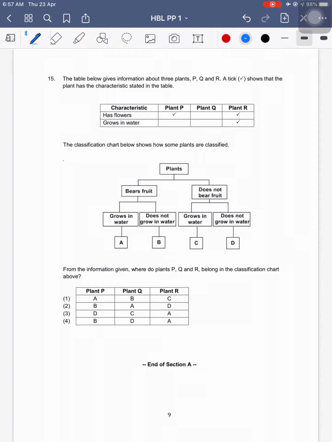Okay, we look at plant P. Now plant P has flowers. So if it has flowers, that means it will be bearing fruit.